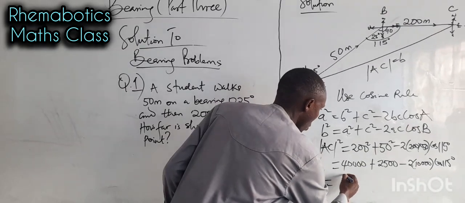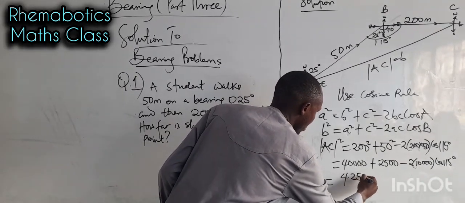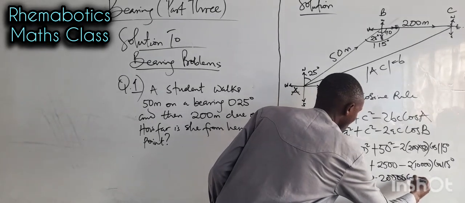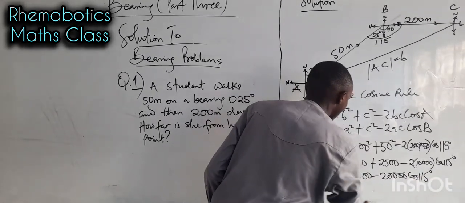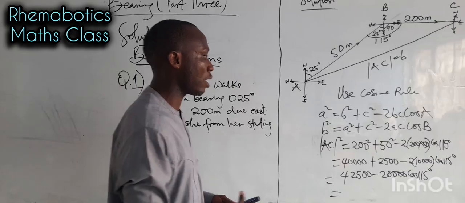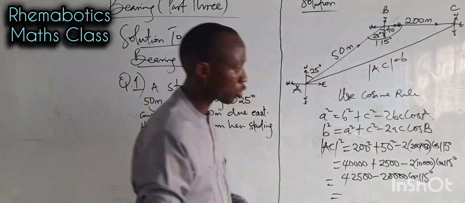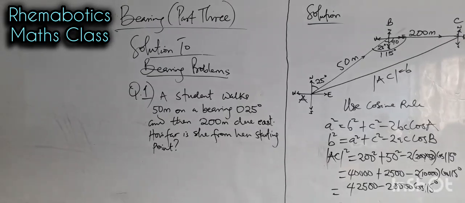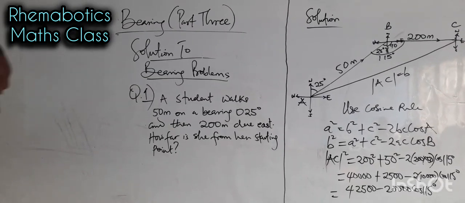So we have 42,500 minus 20,000 times cos 115. And what's cos 115?